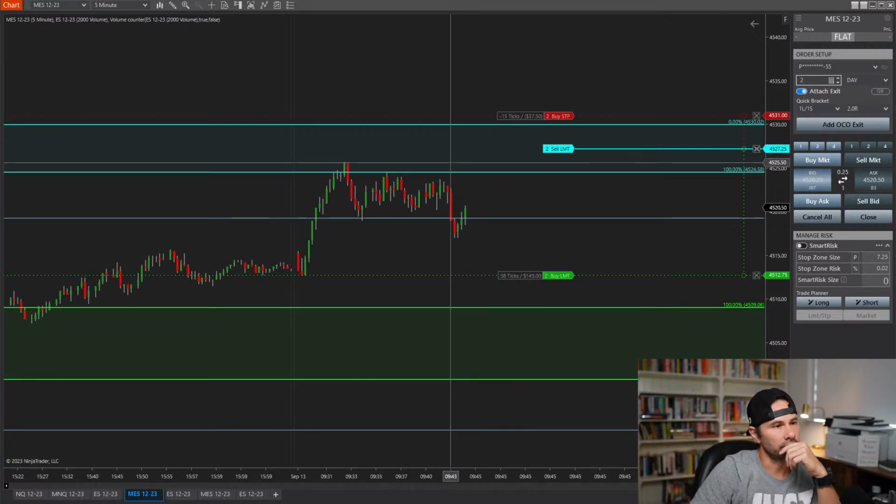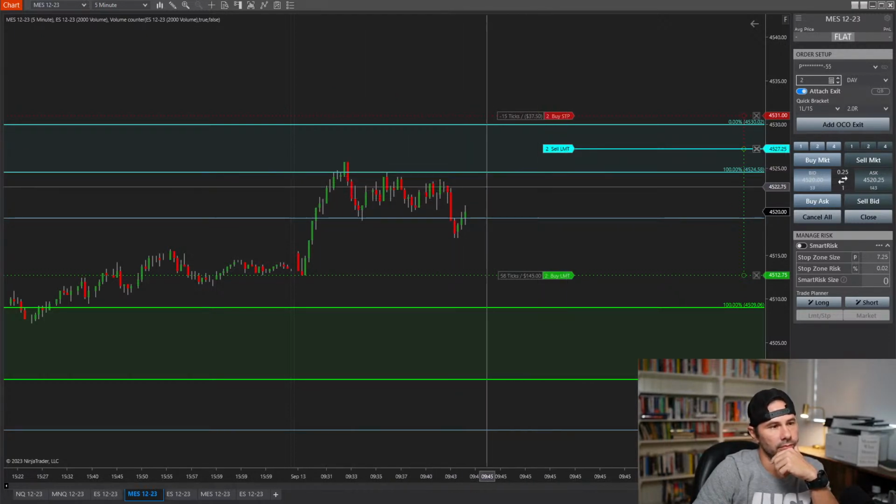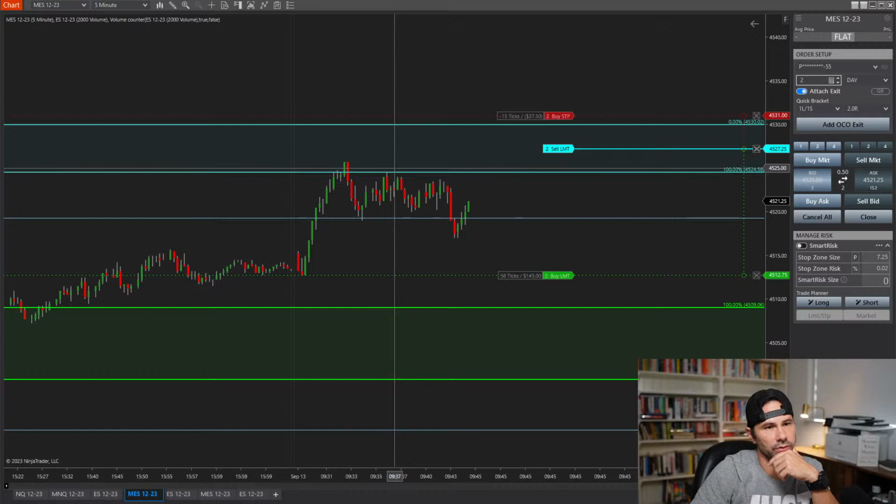So this is not bad that we created this value area here. Now, if we go above, a bunch of short stops are gonna be here, like around 25 or 26.